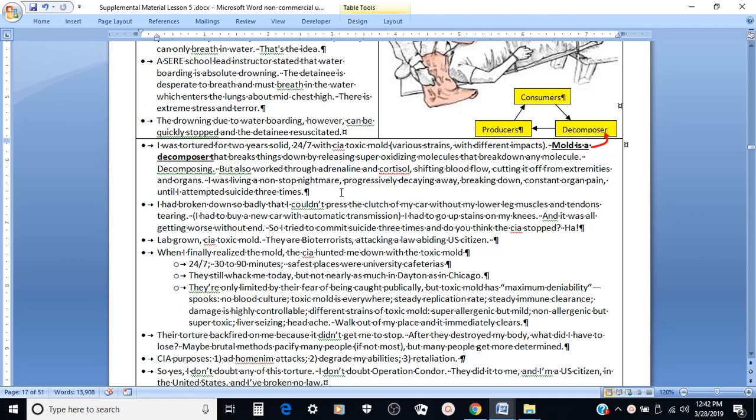I call it the super homicidal toxic mold, which is totally non-allergenic. You don't notice it. You're not sneezing. It's not irritating your eyes, but it breaks you down the worst. Like I said, there are different types of toxic mold they would expose me to, right? This was the worst, and you don't really notice it.